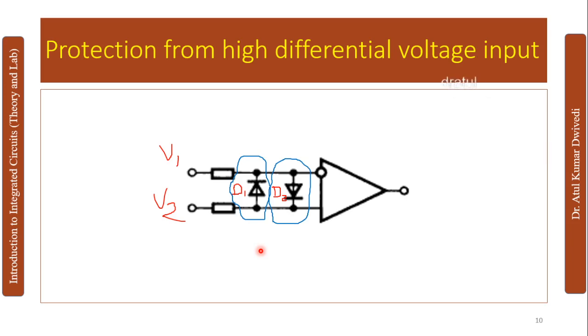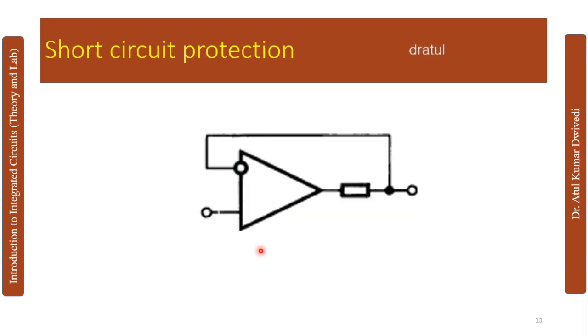Second protection is short circuit protection. So many operational amplifiers have built-in protection from the short circuit, but not all. So where protection is needed, there can be a resistor connected on the op-amp output. The resistor has to be connected within the feedback, then dynamic output resistance stays low. The resistor value should be the minimum allowing the maximum allowed current to pass for the applied output voltage.